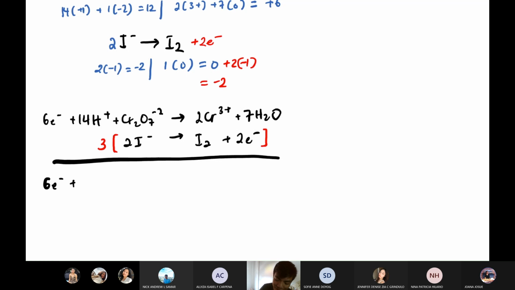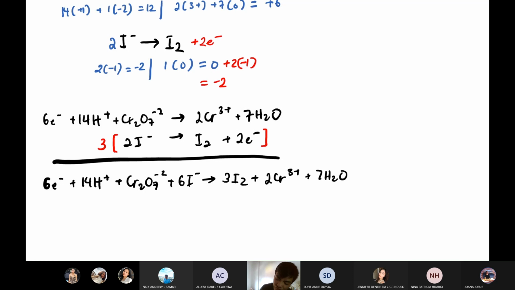So 6 electrons, 14H plus, Cr2O7 negative 2, 6 iodide, producing 3 iodine, 2Cr3 plus, 7H2O, 6 electrons.